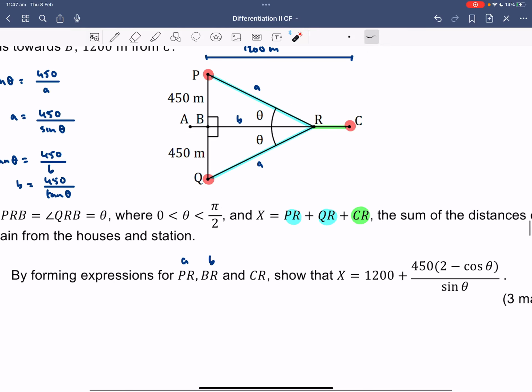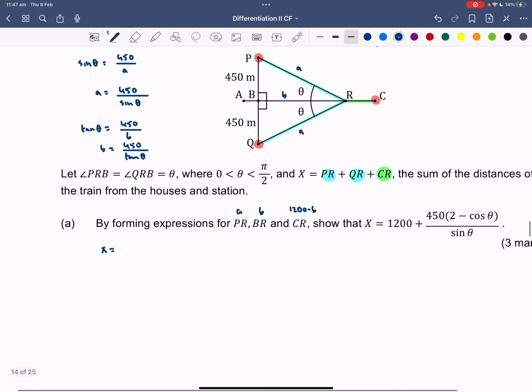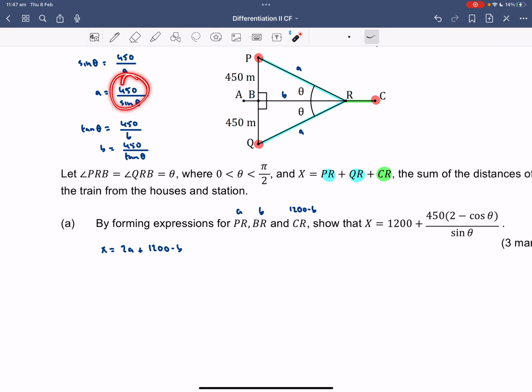CR will just be 1200 take B. So at the end of the day, X is 2 lots of A plus RC, which is 1200 take B. Now all I have to do is replace my expressions for A and B, and we've got an expression for X.